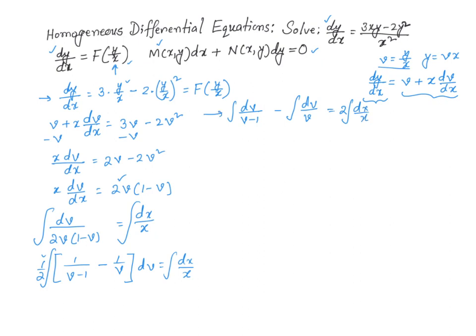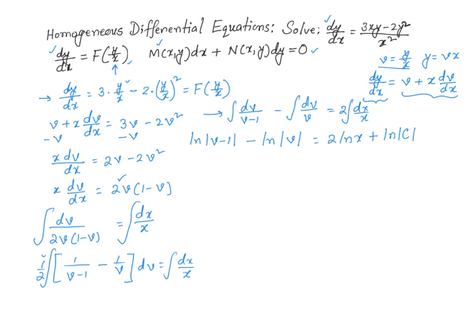And this left hand side is very straightforward. ln of the absolute value of v minus 1 minus ln of the absolute value of v is equal to 2 times the integral of 1 over x dx, which is ln of x, plus some arbitrary constant c. In this case I'm going to make my c to be ln of the absolute value of c, just to make the expression simpler.